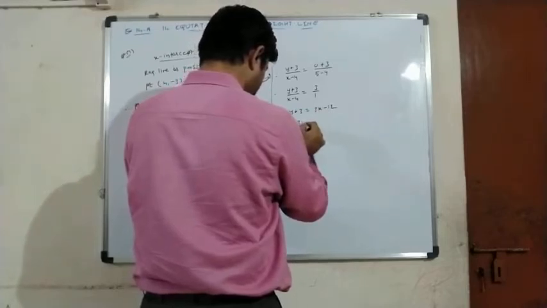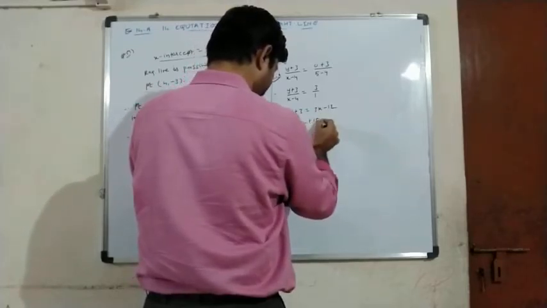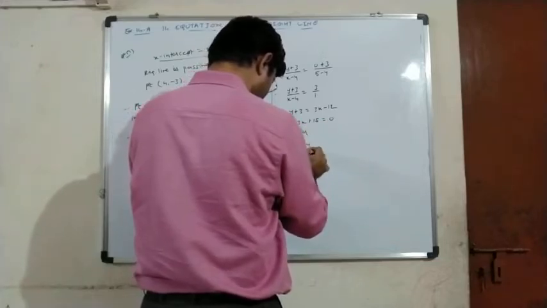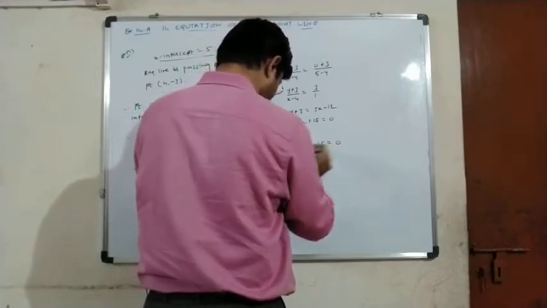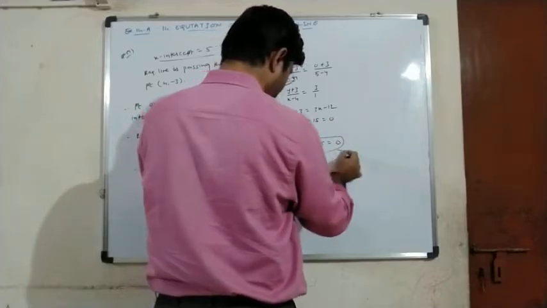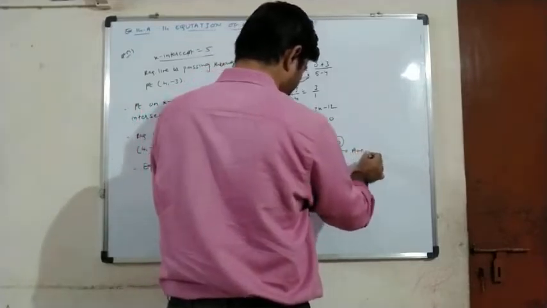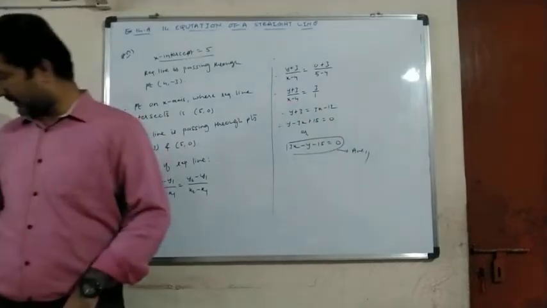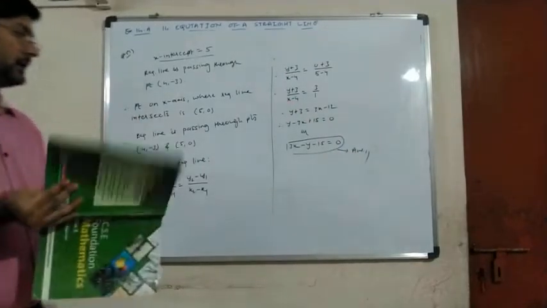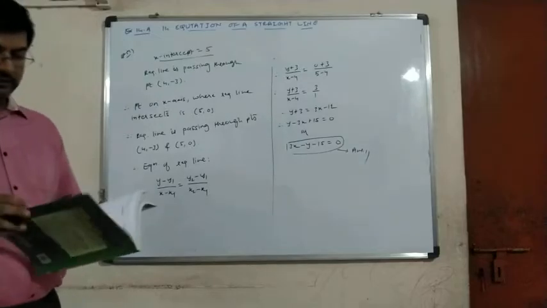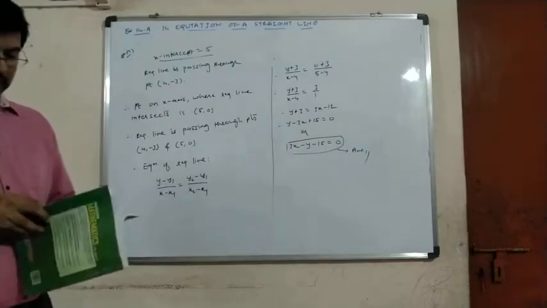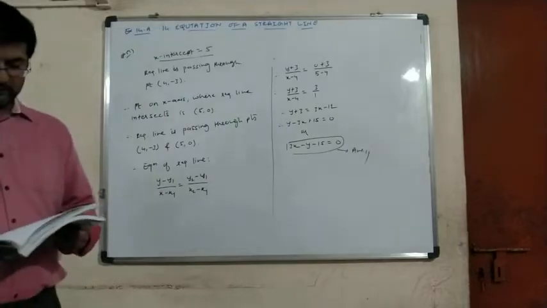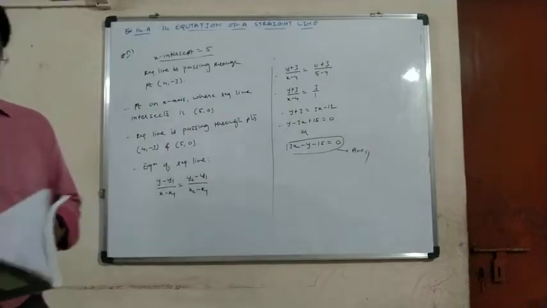Therefore y - 3x + 15 = 0, or 3x - y - 15 = 0. This is the equation of the required line, the answer line. Clear? So our answer is 3x - y - 15 = 0. Please note down. This is number 19: 3x - y = 15.